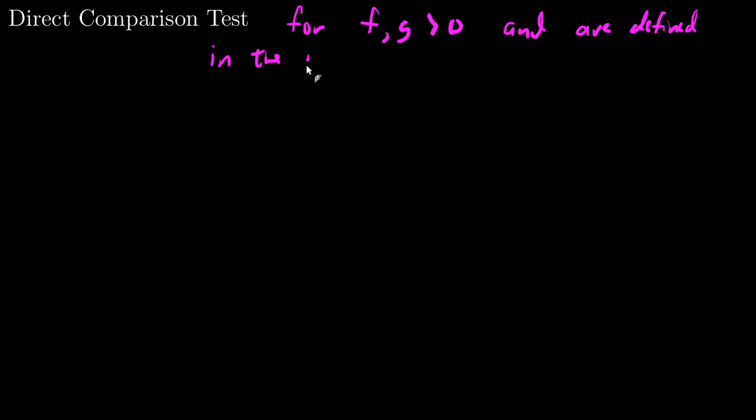Direct comparison test, easy to sort of understand what's going on. And it says this. So I'm only going to consider f and g functions that are greater than 0 and defined in the interval.